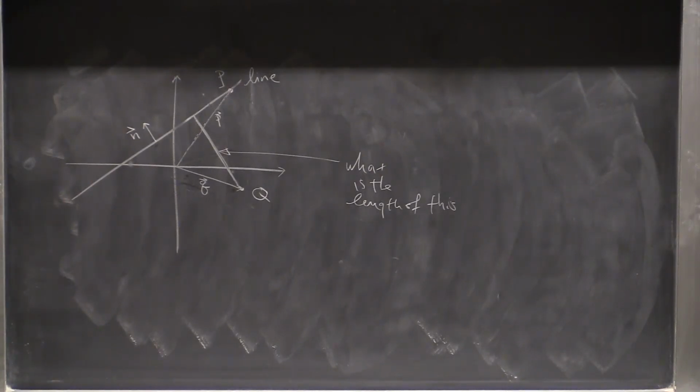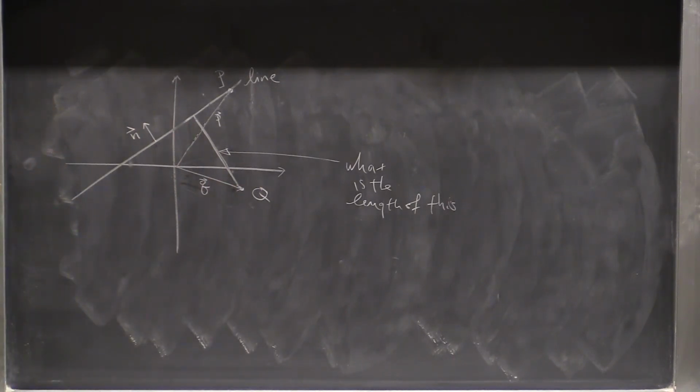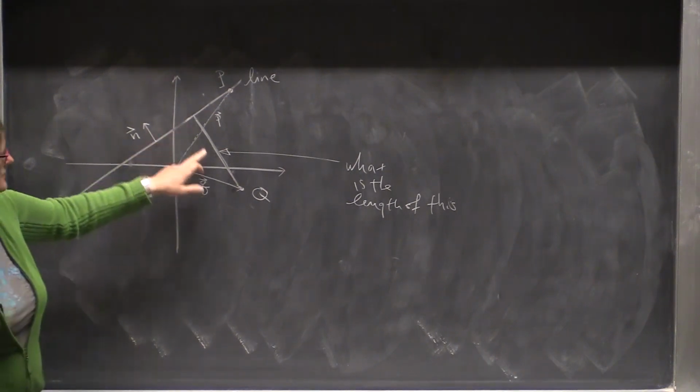We need a vector whose projection onto the normal will be this. Sorry, what? So I'm backing off on this problem. I'm just trying to do this problem in R2. So I haven't actually given you an equation for the line. I'm just drawing pretty pictures. So what could be a vector whose projection onto the normal would be this?